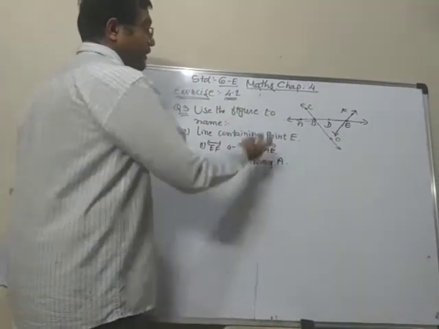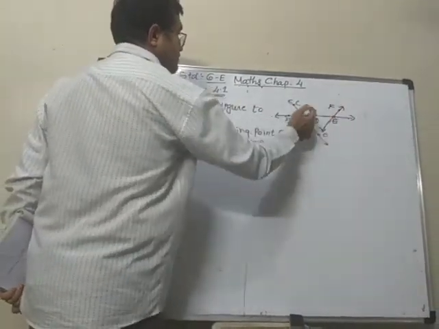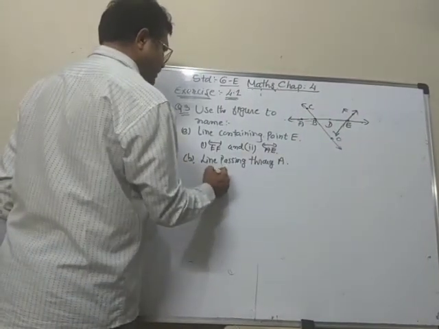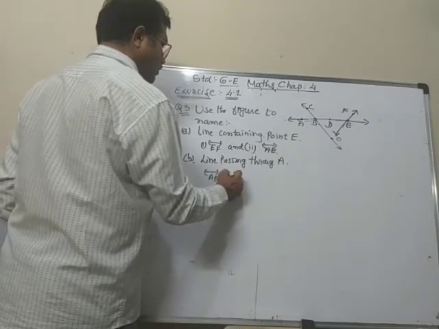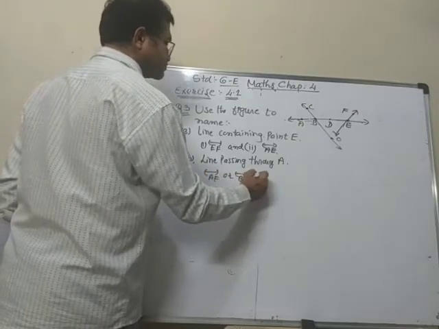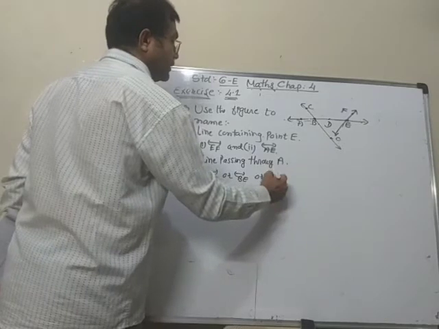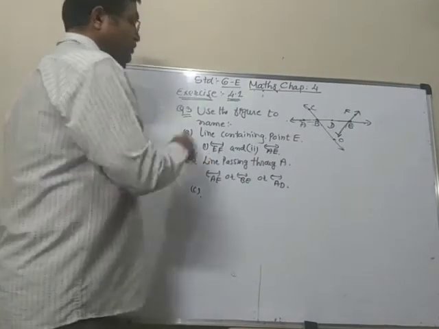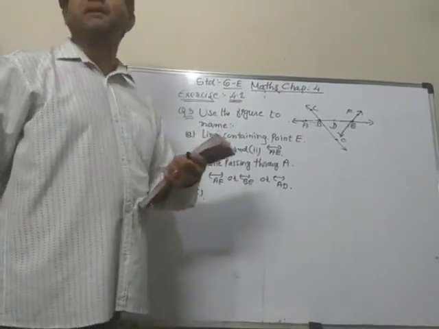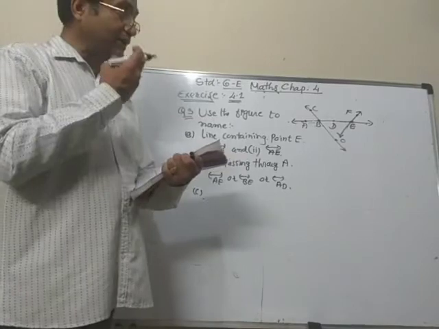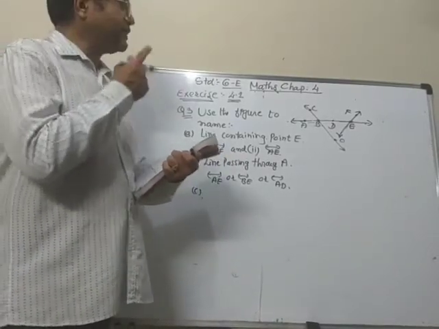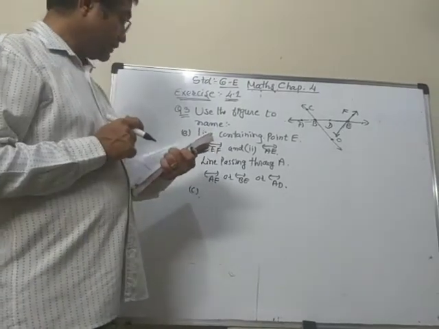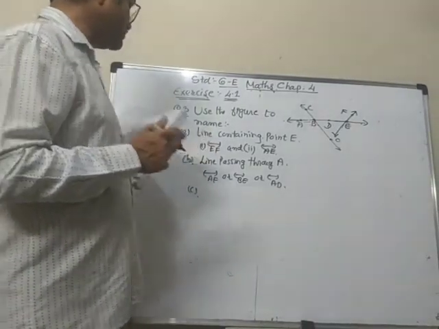There can be lots of names: line AB or line BE or line AD also. You can write down any way because all are the same line. As we saw in the previous one, if there are 4 points, a line can be written in 12 ways. Then C, line on which O lies.